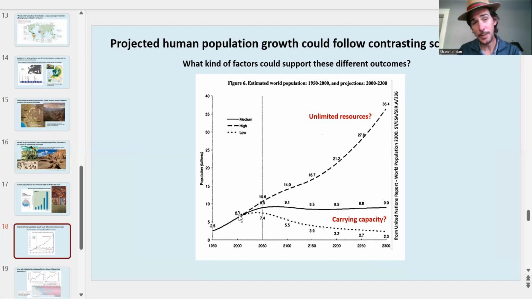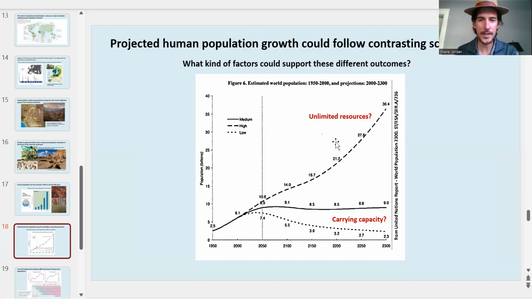Or we could talk about our population size actually having peaked at the present moment and being projected to decline somewhat in the future down into the lower billions, kind of closer to what the population size of humans was in the 19th century.